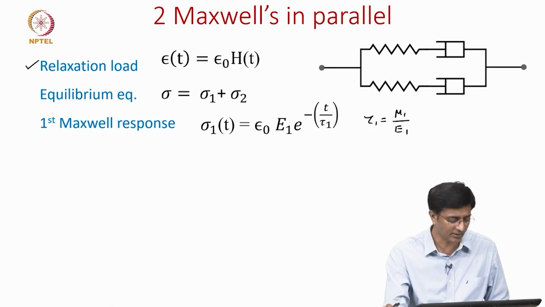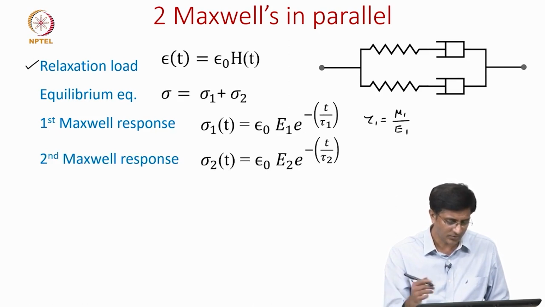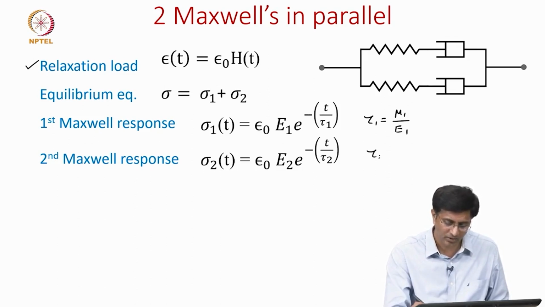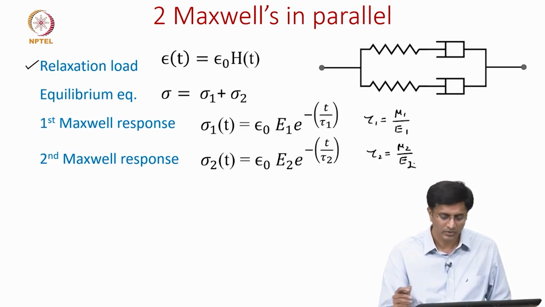Similarly, for the second Maxwell, the response is given in terms of sigma 2, stresses in the second Maxwell, in terms of E2 and tau 2, where again here tau 2 is the relaxation time for the second Maxwell given by mu 2 by E2. Okay.